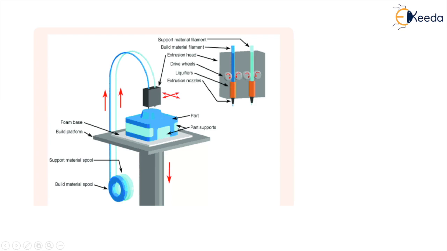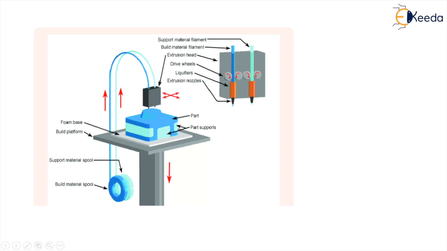See here, we are feeding the material spools for build as well as for support through this extrusion head, and we are getting this part. The dark color is our part, and this faint blue is our support.